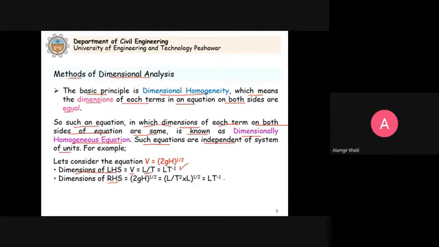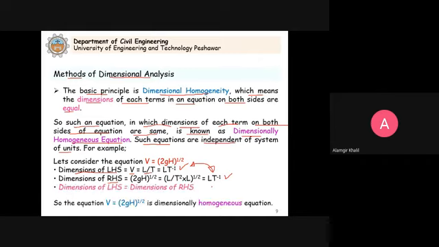The dimensions of the left hand side are the same as the dimensions of the right hand side, so we say this is a dimensionally homogeneous equation.